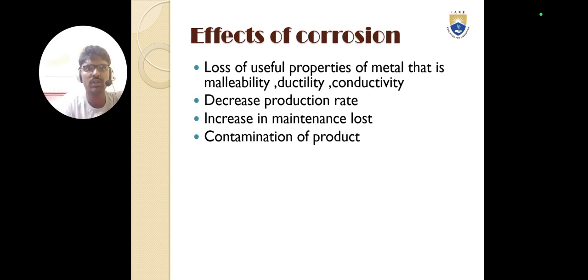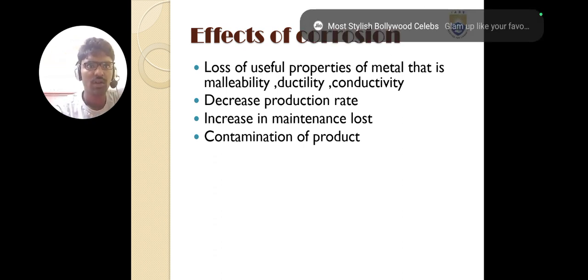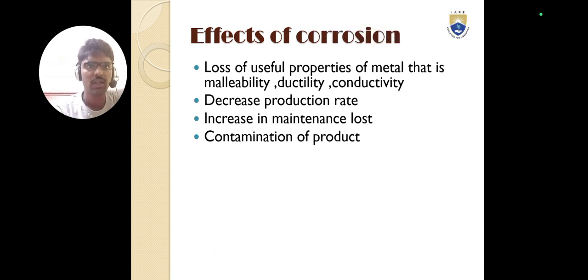Effects of corrosion: loss of useful properties of metals, that is, malleability, ductility, and conductivity; decrease in the production rate; increase in maintenance cost; and contamination of product.